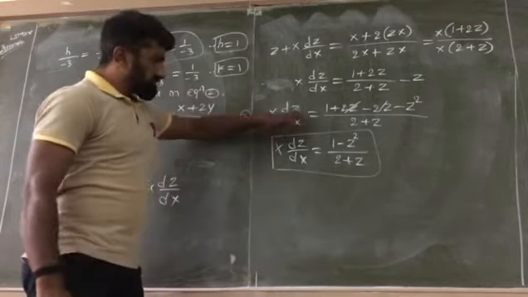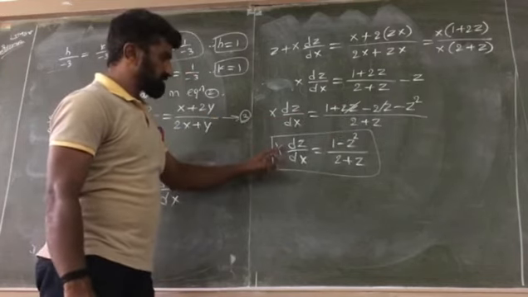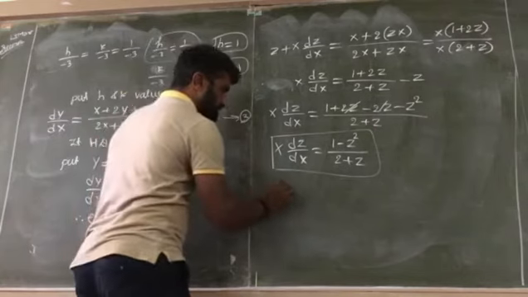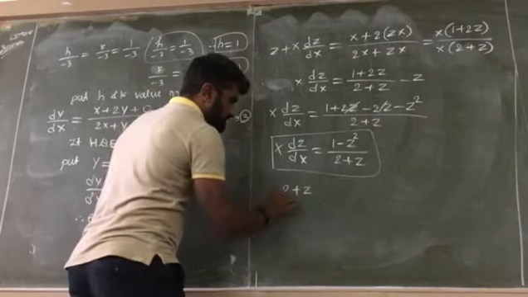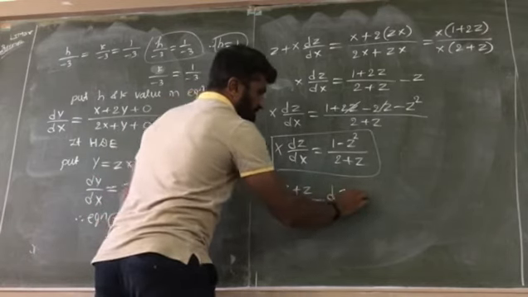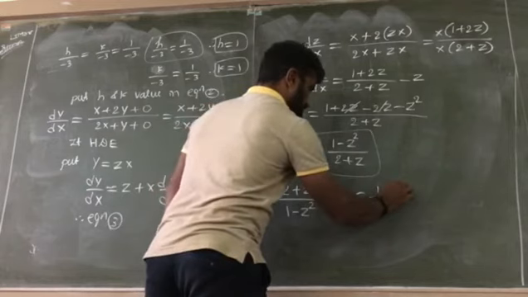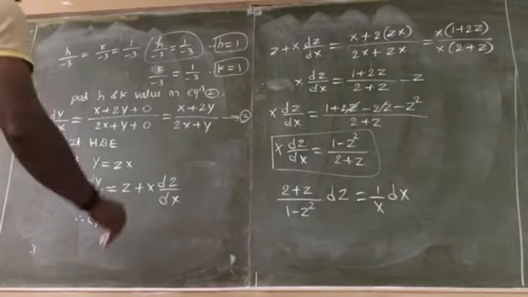The derivative dz, the function is f of z, and the derivative dx, the function is f of x. Now separating the variables: cross multiply, 2 plus z divided by 1 minus z square into dz equals 1 by x into dx. After separating variables, what next?